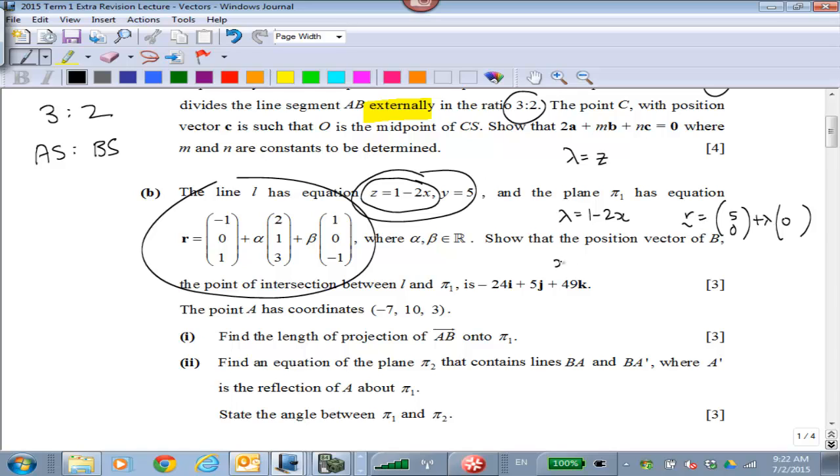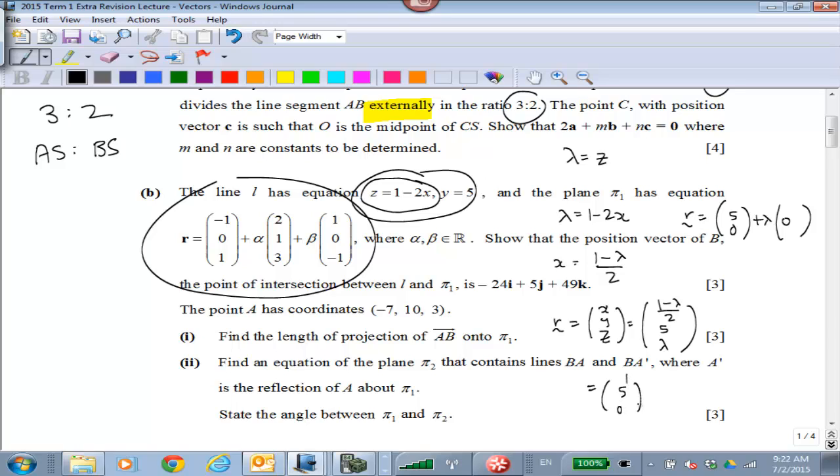To make x the subject, you just shift around, divide by 2, which means that my equation r, which is x, y, z, will just be (1 minus lambda over 2, 5, lambda). Split: (1, 5, 0) plus lambda (minus half, 0, 1). Agree, right? Can see all?